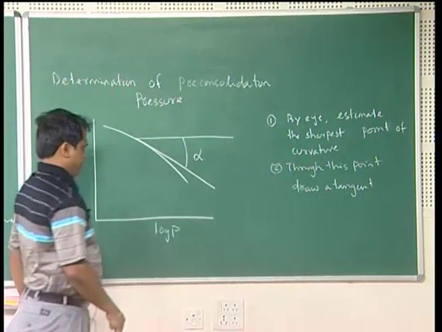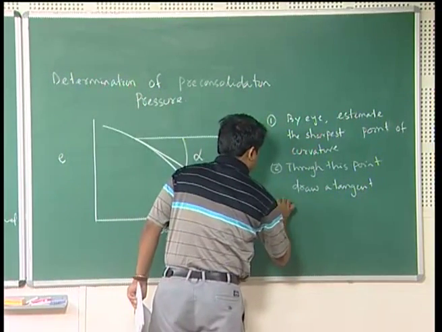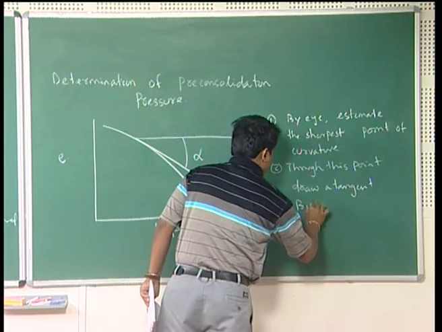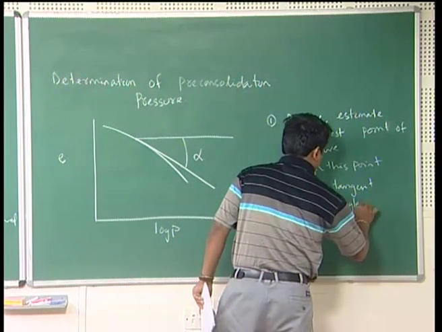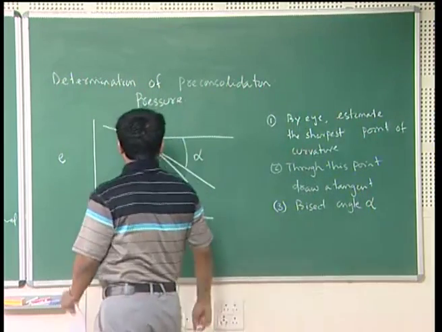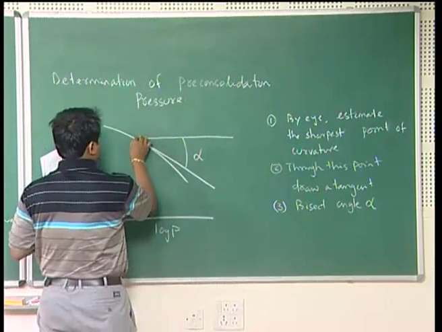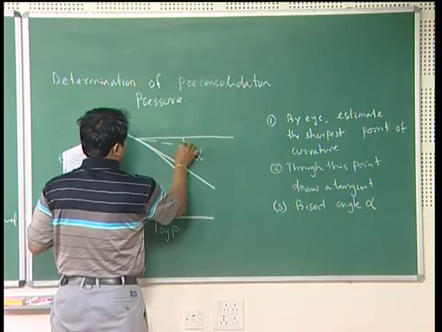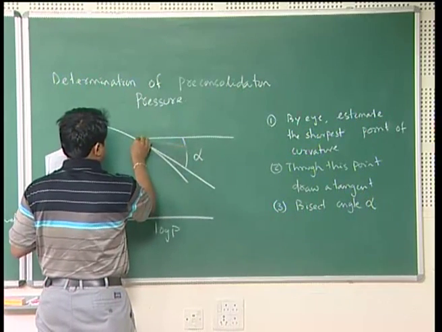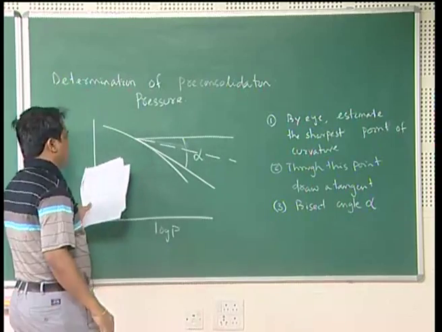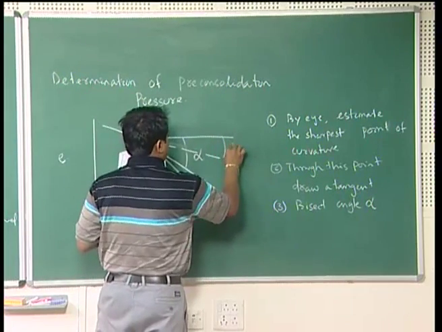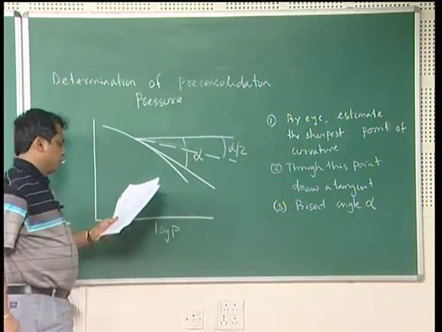Now, the third step is to bisect angle alpha. You just bisect this angle, so it will be alpha by 2.